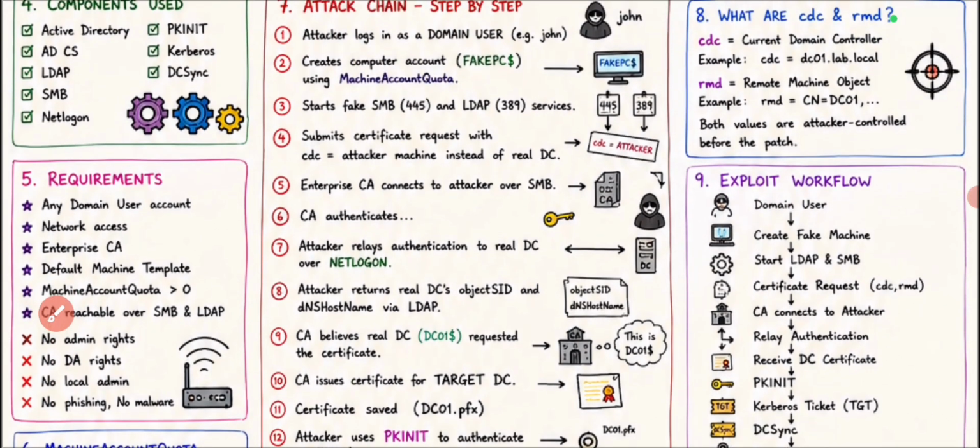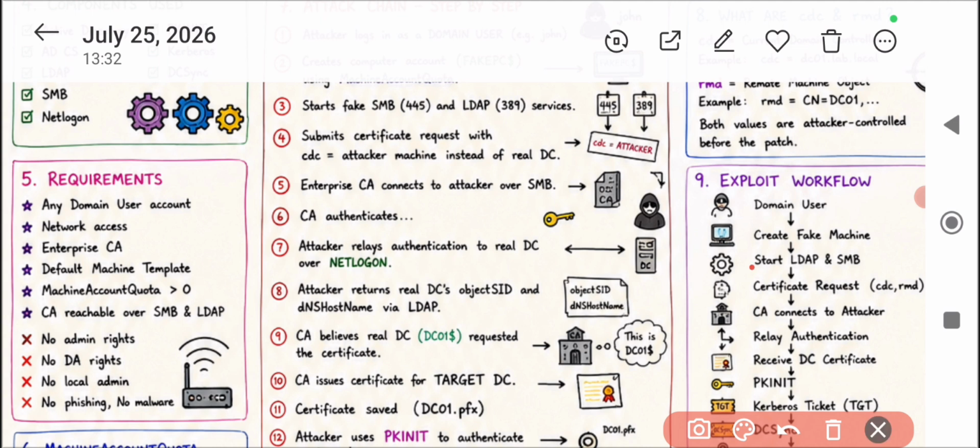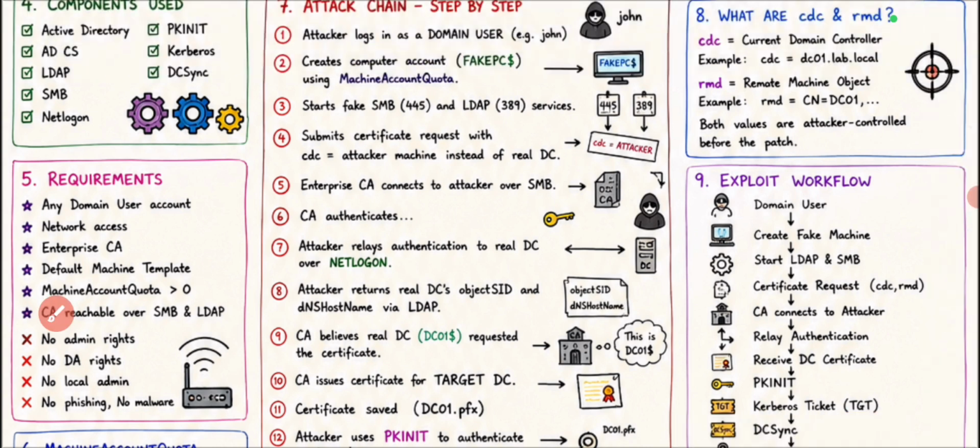Coming to what CDE and RMD are: CDE is the computer domain controller, for example DC01.lab.local, whereas RMD stands for the remote machine object, which I have also displayed here. Both values are attacker controlled before the patch.